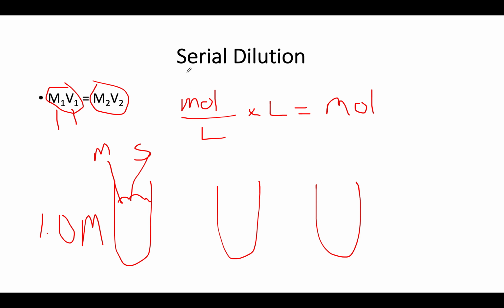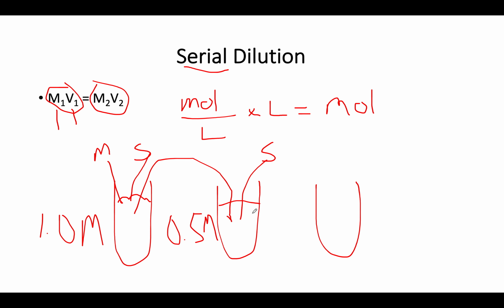Okay, so serial dilution, we take some of this 1 molar solution and we put it in the next tube, and then we add more solvent. So remember, the moles on the left are staying constant. We're adding more solvent, so that's an increase in volume, then the molarity is diluting. So if we did this in half, that would cut that down to a 0.5 molar solution.